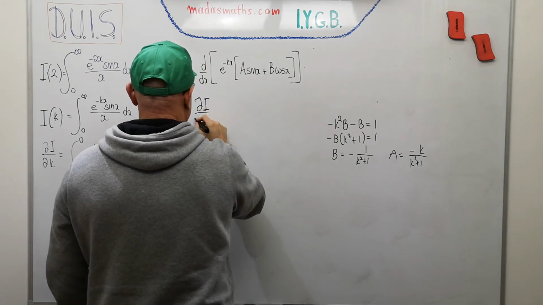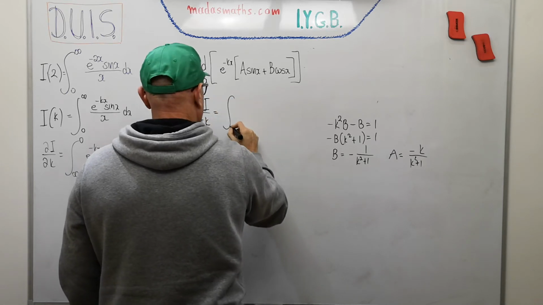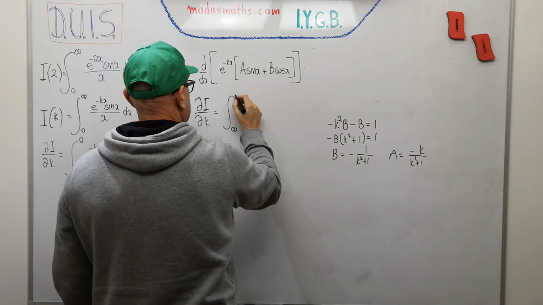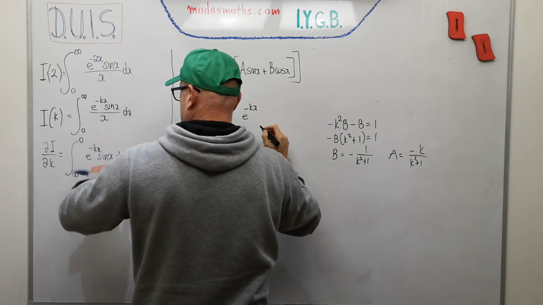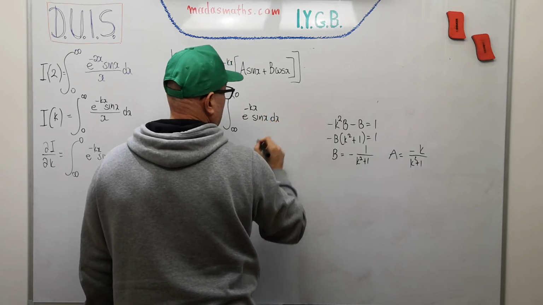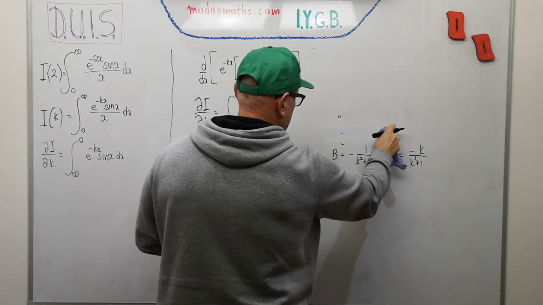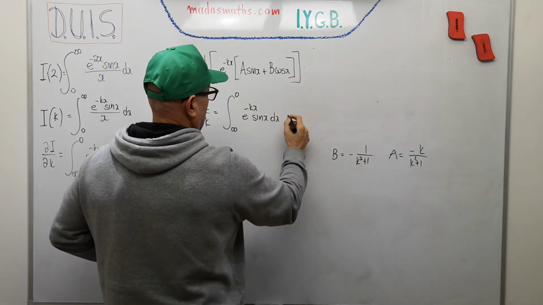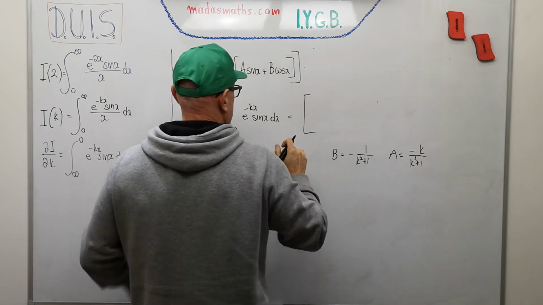So my dI by dk, which is the integral from infinity to 0 of e to the minus kx sine of x dx, is going to be equal to the evaluation limits from infinity to 0.